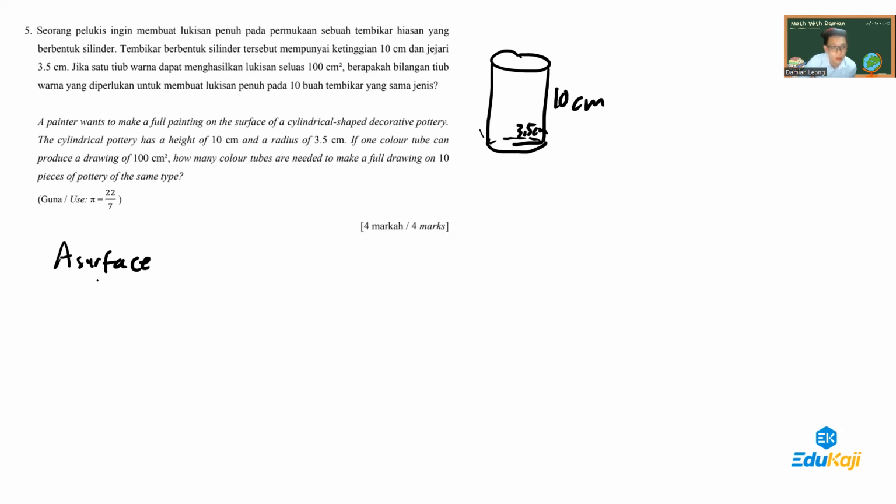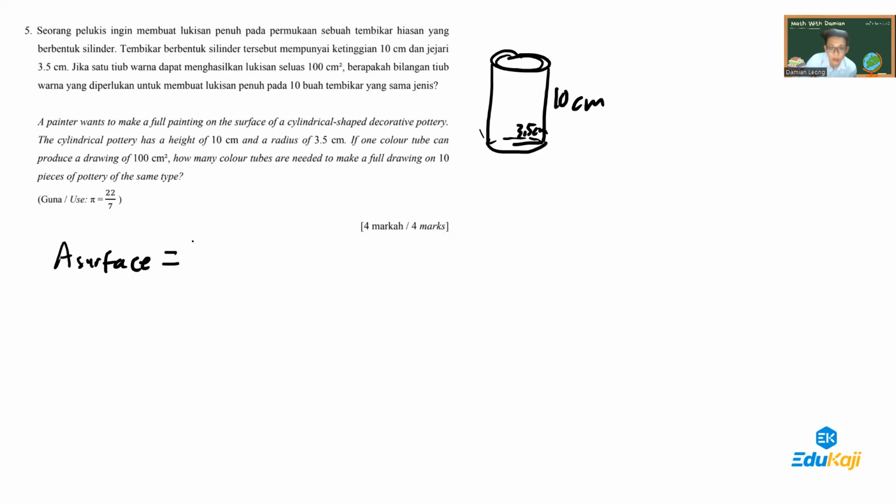So, cylindrical shaped pottery. As we paint on a cylindrical shaped pottery, no way we're going to paint the top, because on top it's going to be a hole. Bottom also most likely not, so we only consider the curved surface area.